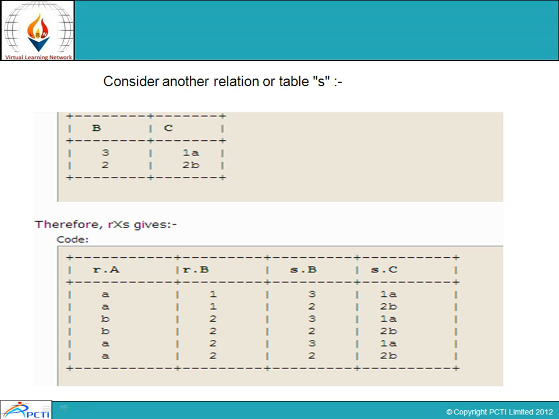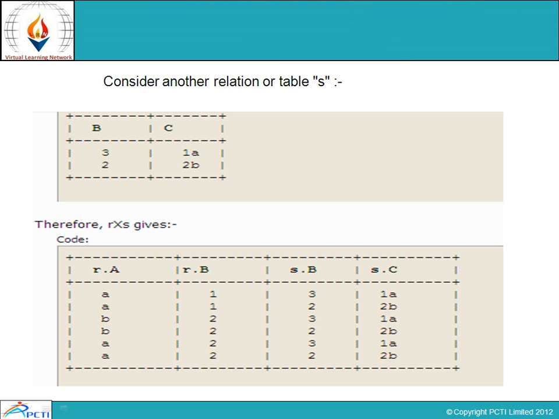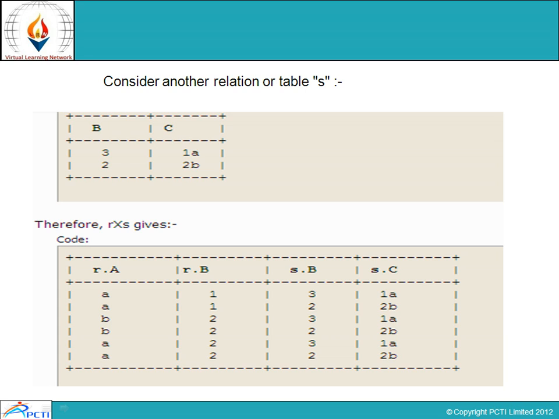The result will generate all combinations. First it takes A, B and the combination formed here by the relation S dot B and S dot C. Similarly, if I take the B row, it again combines with the next table relation, 3 and 2, and gives you the result B with 3 as well as B with 2.